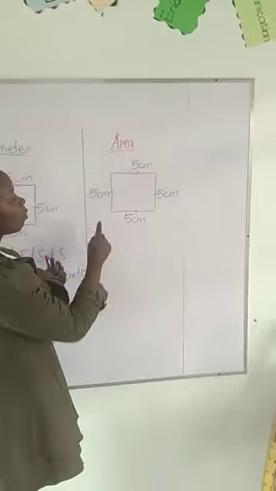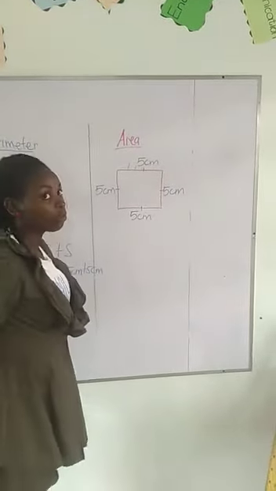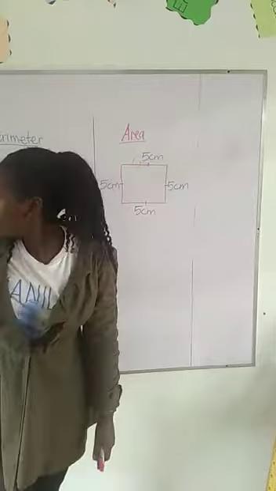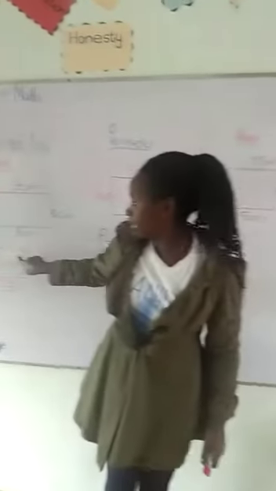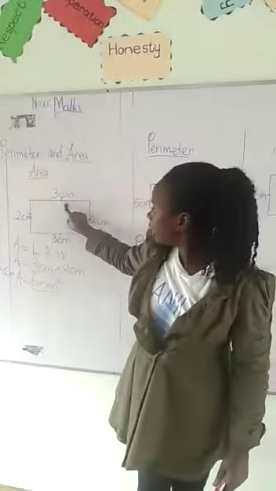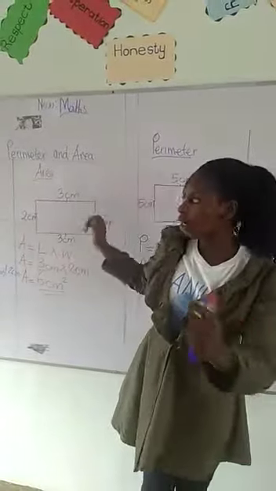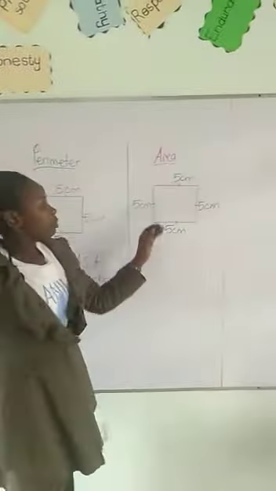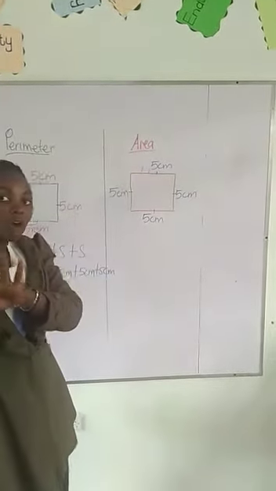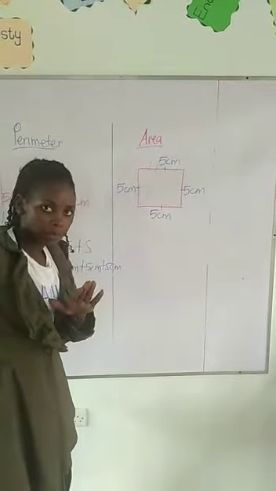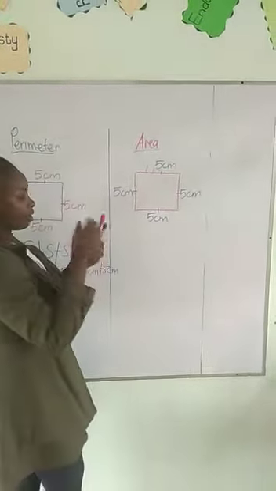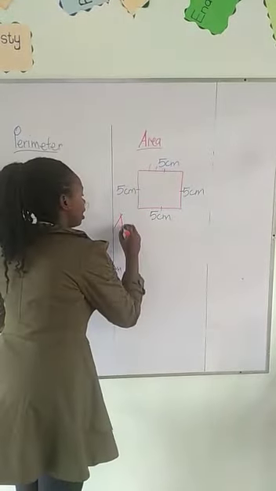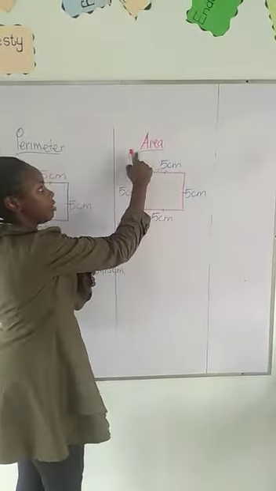Yes. How do I find area of a square? Remember, of a rectangle we say length times width, because we have two equal sides which are long and two equal sides which are short. Ladies and gentlemen, with a square, we have 4 sides equal. Let's see how we find area. Let me use A to represent area.